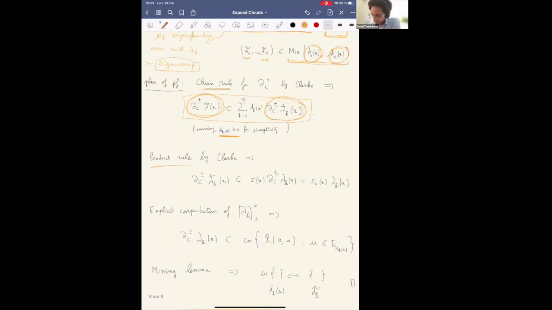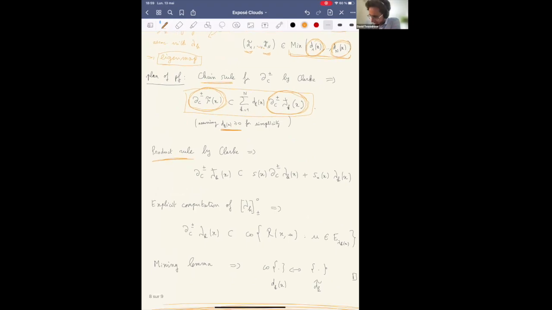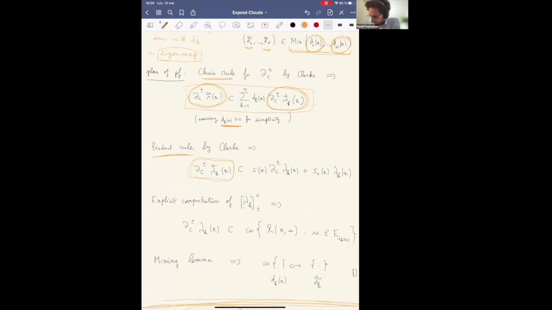Then there is a product rule by Clarke that says that the sub and super differential of this rescaling eigenvalue writes like that. So here we get the sub and super differential of lambda k, and now we need to understand what this is. To do this, we make some explicit computation of the generalized directional derivative of the lambda k.